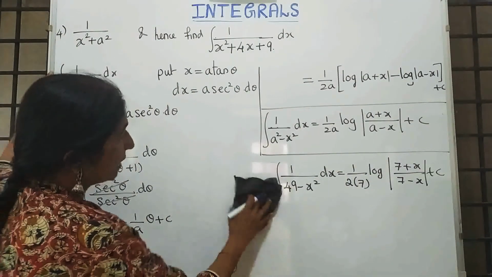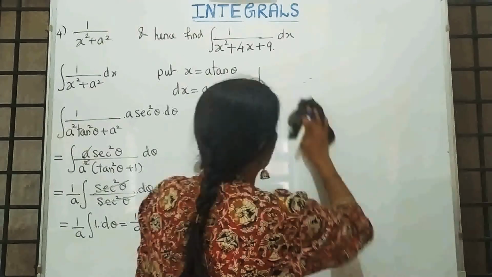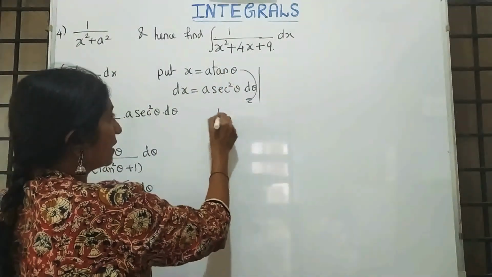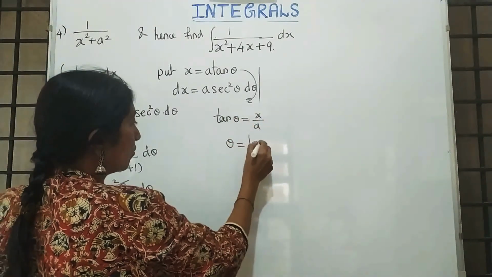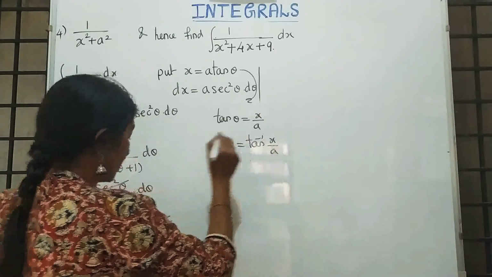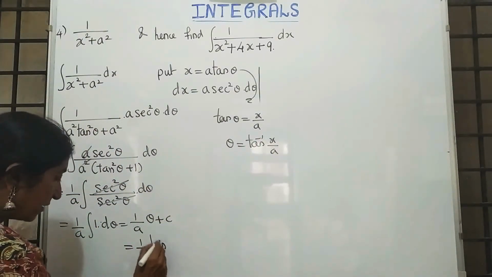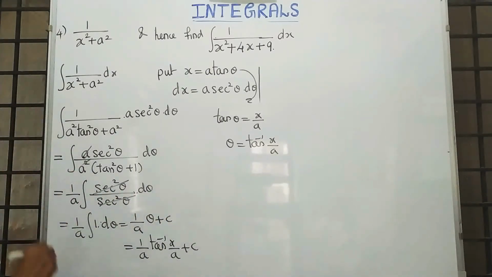But what is theta? See, x is equal to a tan theta. This implies tan theta is equal to x by a, and theta is equal to tan inverse of x by a. 1 by a as it is, tan inverse x by a plus c. So this is the formula.